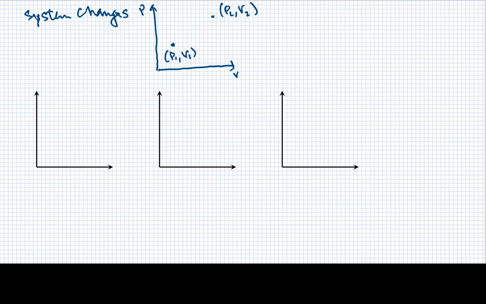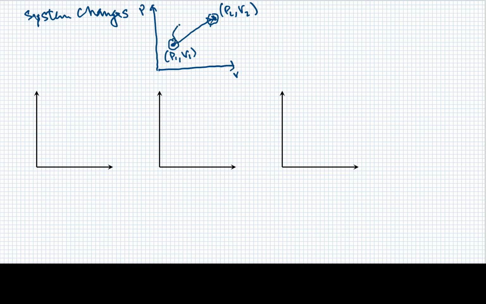Now the whole point of the PV diagram is that I could just have a process that does this. State functions like the internal energy will always represent the same quantity no matter how I go from this first point P1, V1 to the second point P2, V2. But that doesn't mean that's how the process had to go.